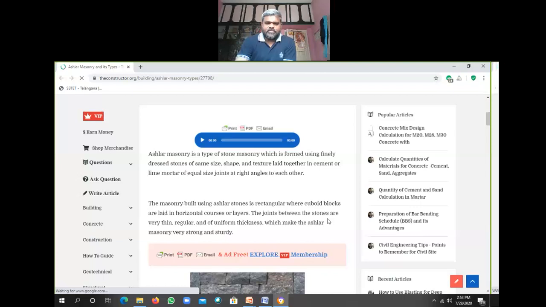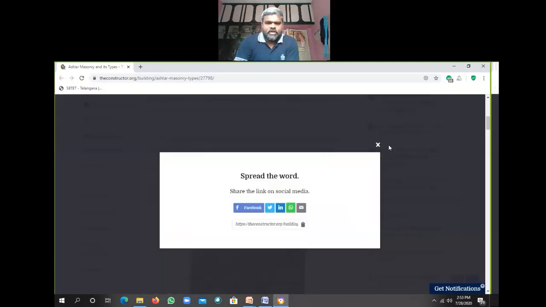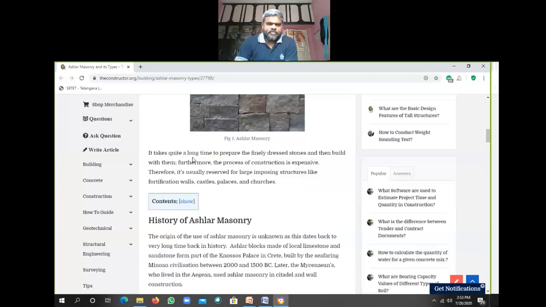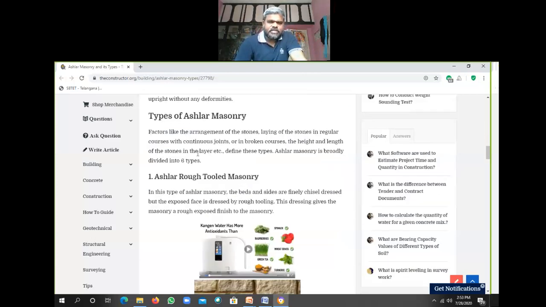The joints between the stones are very thin, regular, and uniform.